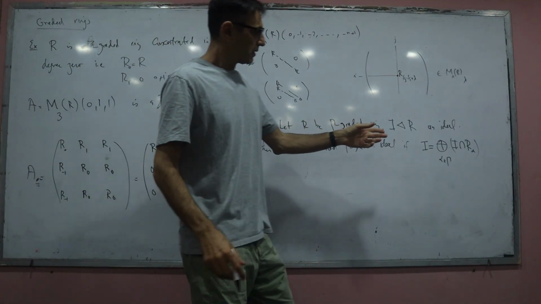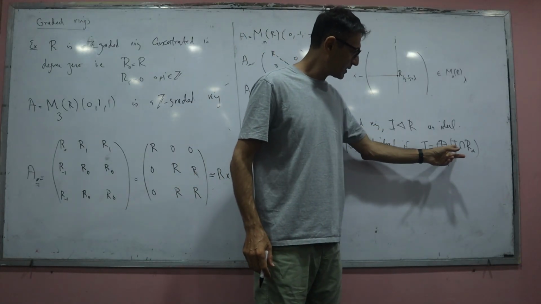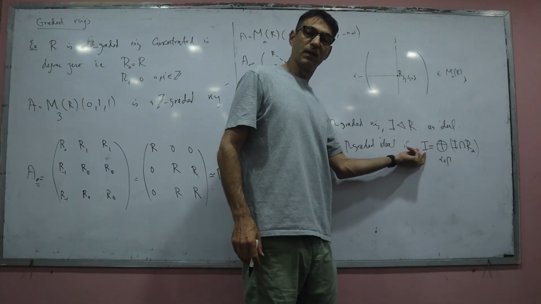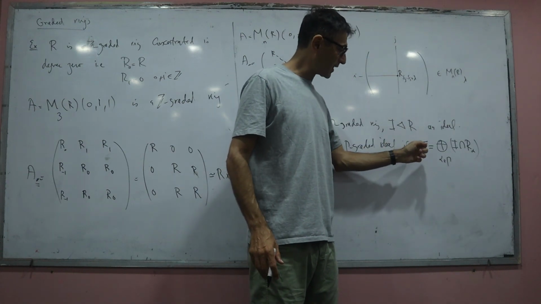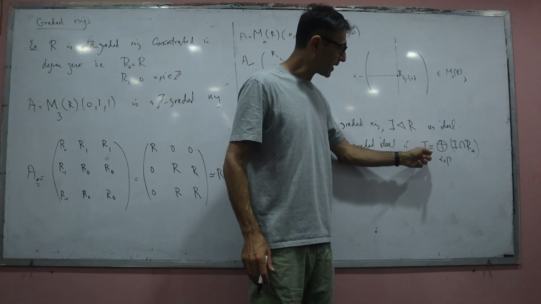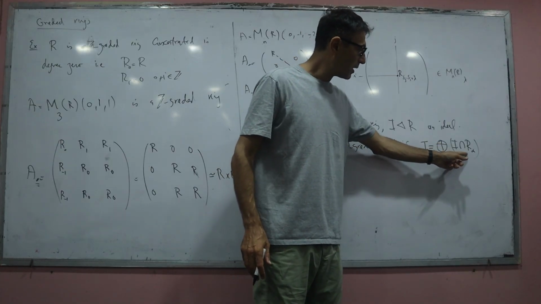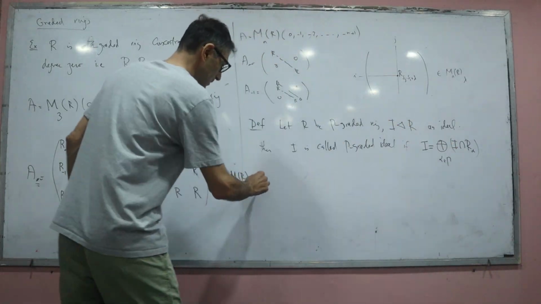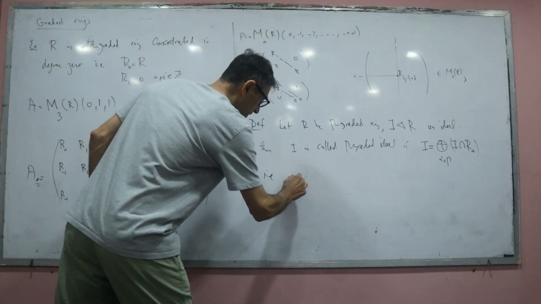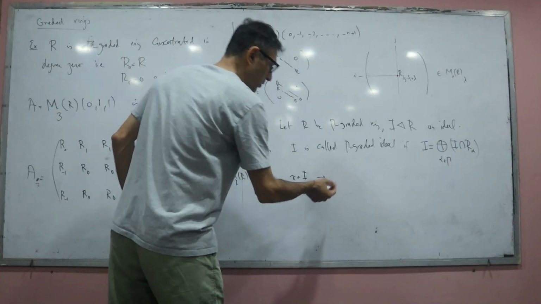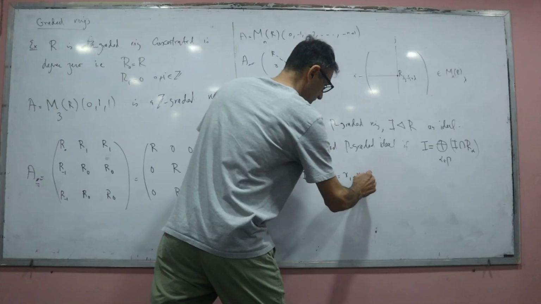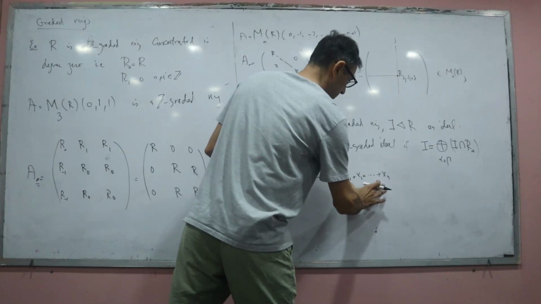Of course, these are elements of I, so these are all sitting inside I, but I'm forcing with this definition that each element of I you can write as a sum of homogeneous elements, i.e., if you give me an x in I, I know for a fact that I can write x as x1 plus x2, a sum of homogeneous elements.